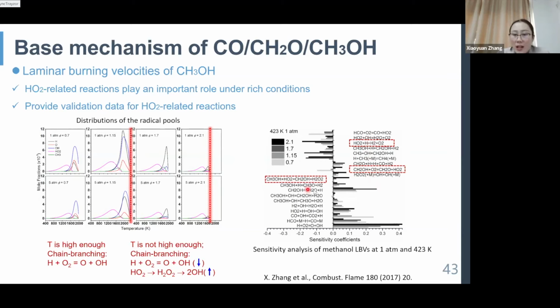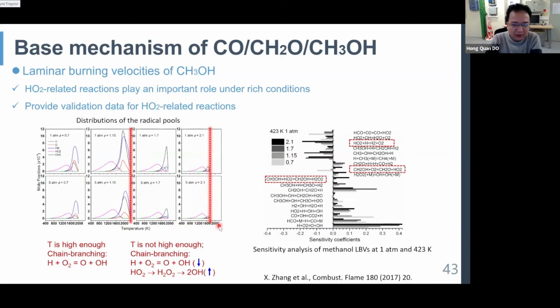Based on the sensitivity analysis results, we found that under ultra rich conditions, the HO2 related reactions become more important compared with other conditions. This is the point I want to express. On the left hand side, I explain why HO2 reactions become important under ultra rich conditions.